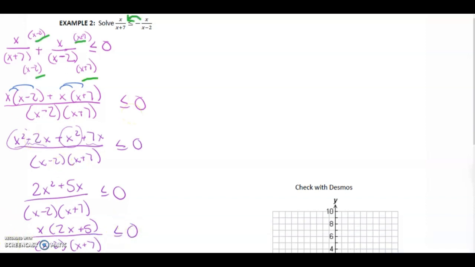So now let's go through that algorithm. The x-intercepts are when the numerator equals 0, so we have 0 and negative 5 over 2. We can do a y-intercept if we want, but we don't have to. It's going to be 0, because we have a 0 here.